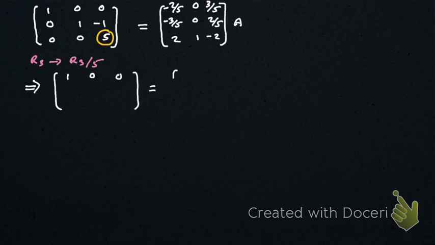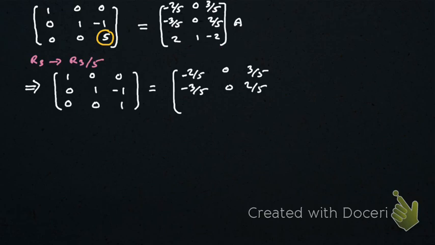So you will copy your R1 the same, you will copy your R2 the same. But in R3, I am dividing each element by 5. So 0, 0, 5 by 5 is 1. And then 2 by 5, 1 by 5 and minus 2 by 5, into, outside I still have that A.